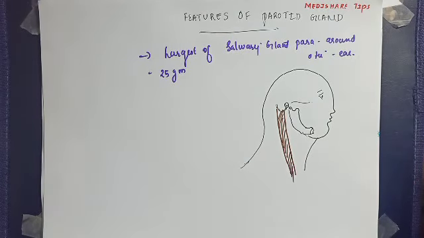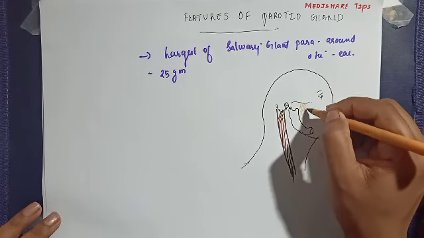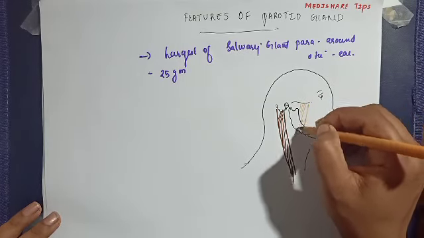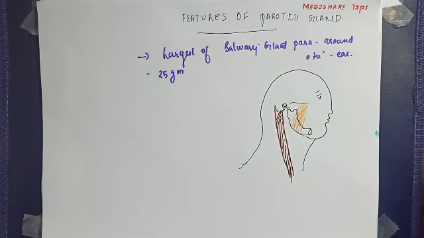Now our parotid gland is located here. Now we have another muscle here, that is the masseter muscle, also located here. So that was the masseter muscle. Now I will be drawing the parotid gland.